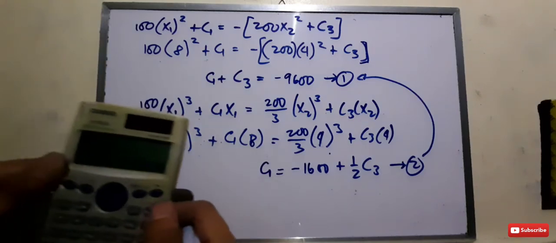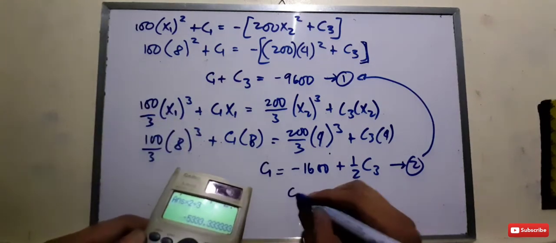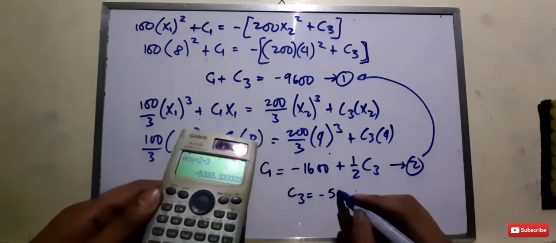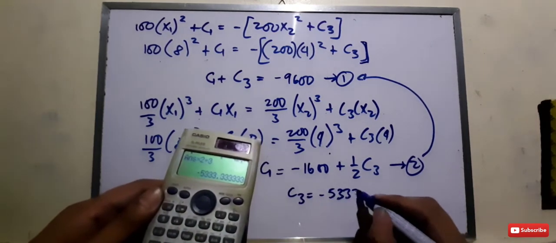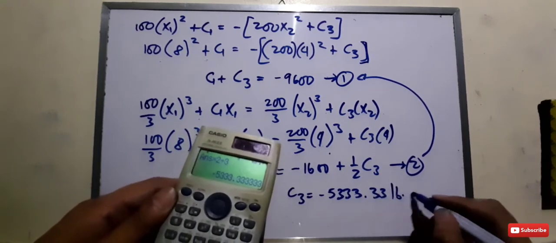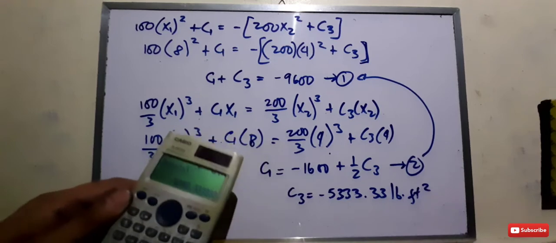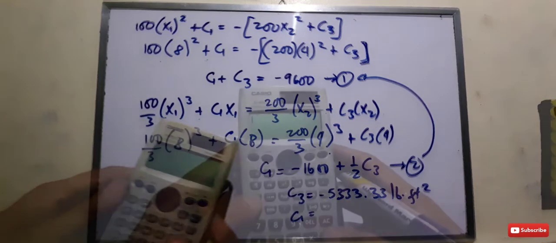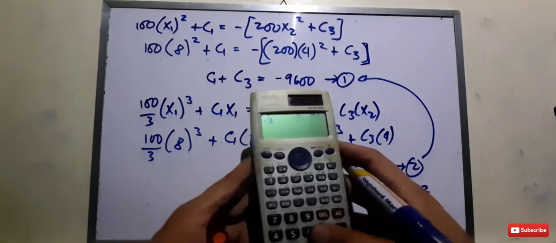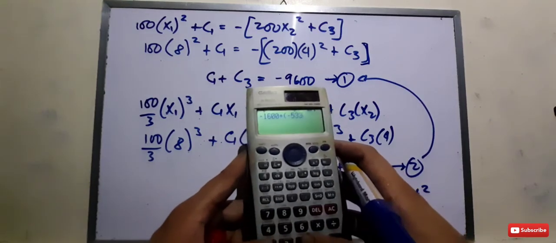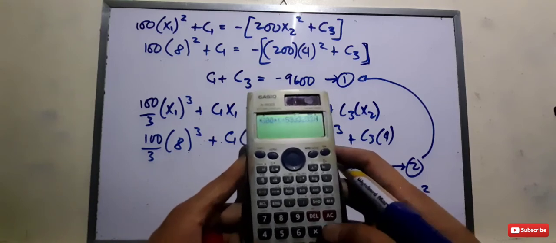You will have, so C3 equals negative 3.33 pounds foot squared, and then C1 equals negative 1600 plus negative 5333.33 divided by 2.